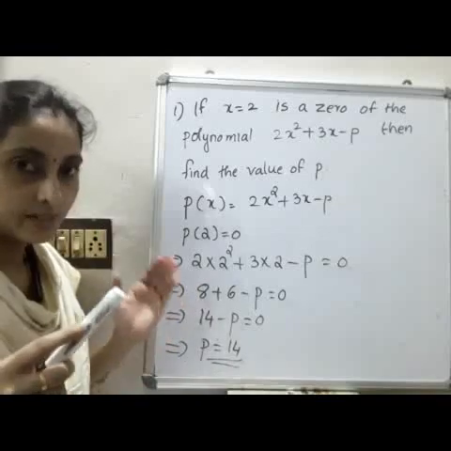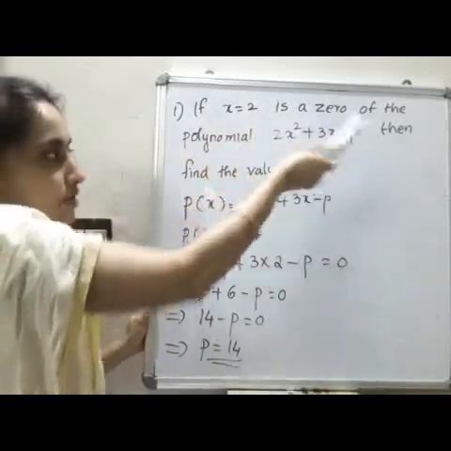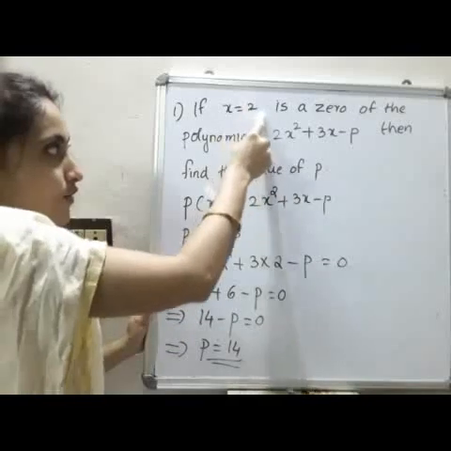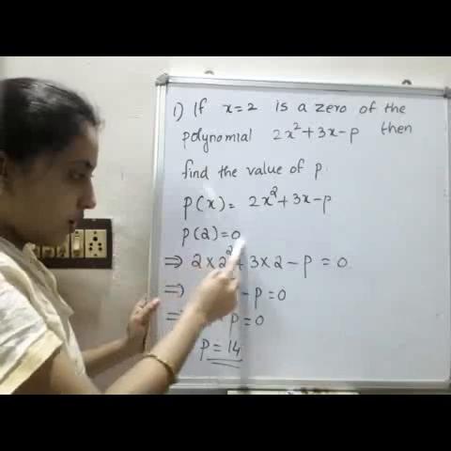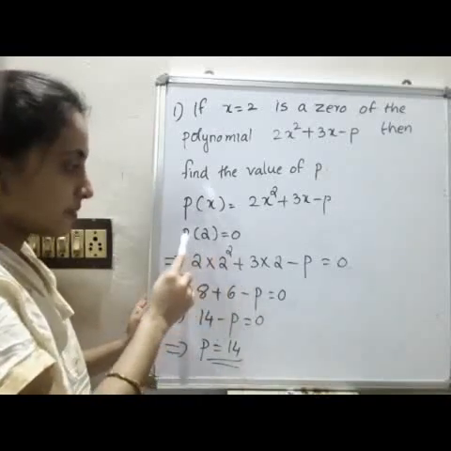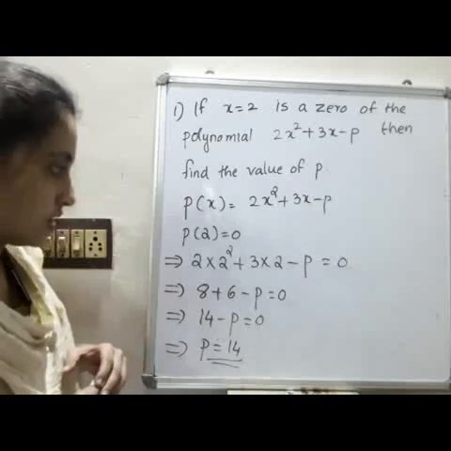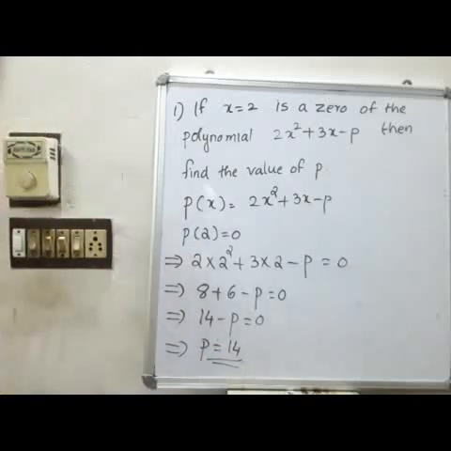This is a basic concept, please go through that. This is the important step here. If you don't understand this, you can't do the rest of the portion. Then find the value of p. Okay, so we'll move to the second question.